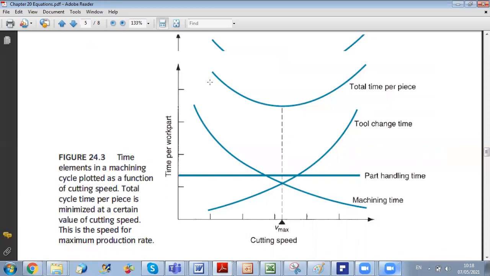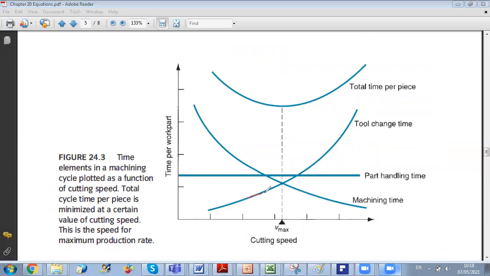So now when you do the summation, since you have opposing effects of the cutting speed, on one hand the tool change time is increasing, and on the other hand with increased speed the machining time is decreasing. This is why when you sum these three parameters, you will get a function with a certain optimum.